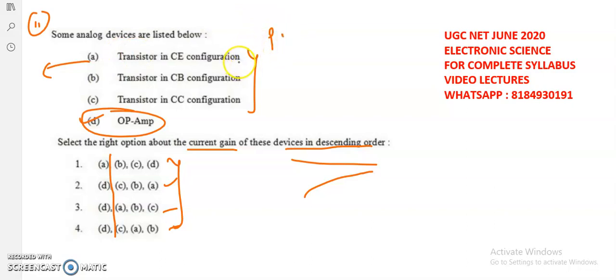As I already provided a tabular format comparing all three configurations, including input impedance, output impedance, current gain and voltage gain, you have to remember that table very carefully, because there is a 90% probability that the question comes from that comparison. After D, the next one is A, and only one option fits. So the third option is the correct one for the 11th question.